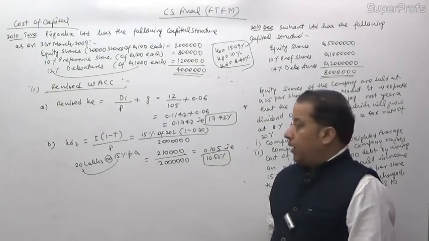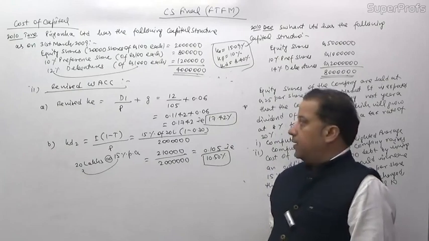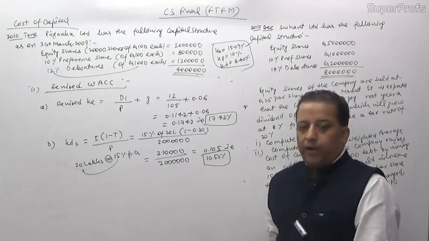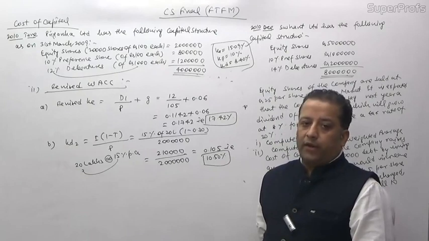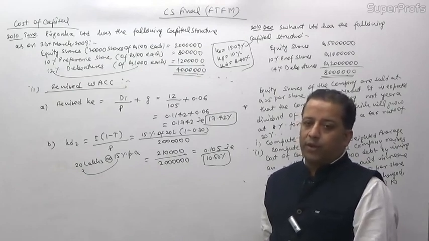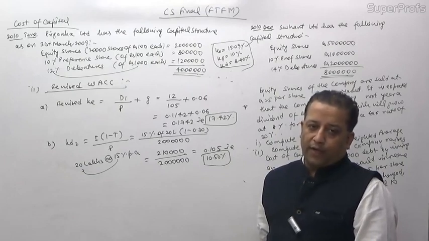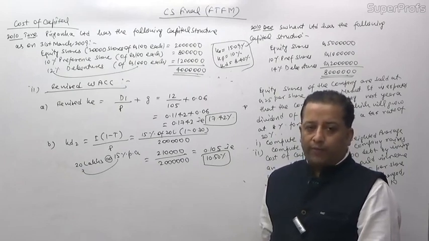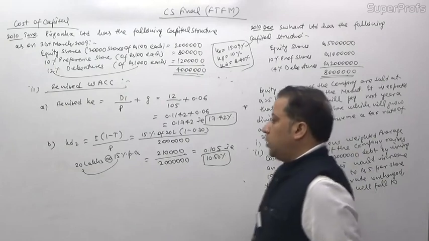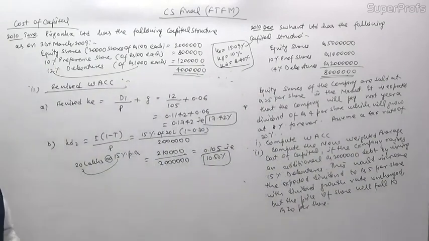But if the company borrows rupees 20 lakh from the market, then the next expected dividend will increase from rupees 10 to rupees 12 per share. At the same time, the market price of equity share falls from 110 to 105 per share. So I need to calculate the revised weighted average cost of capital. First of all, please note down these 2 points.